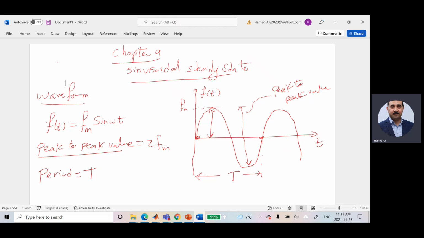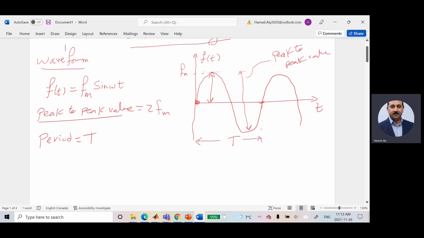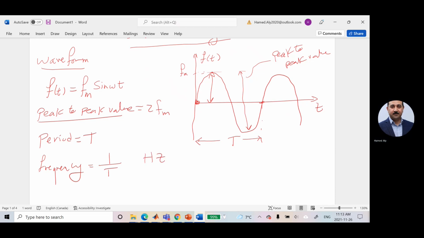Based on that period, there is a new variable which is called the frequency. And this is equal to 1 over the period, and its units will be hertz. Right now we are talking about AC, because I have variable values for f.